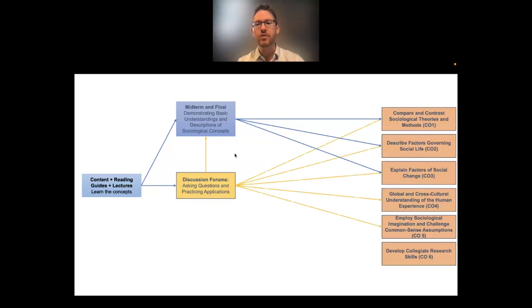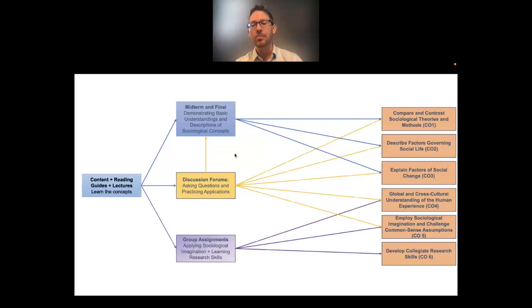Then the discussion forums really help you practice getting to these other learning objectives. So you'll be applying a lot of things, you'll be practicing the sociological imagination, and then the group assignments are really helping you develop collegiate skills through using the sociological imagination. You'll be finding sociological sources and developing a sociological argument.